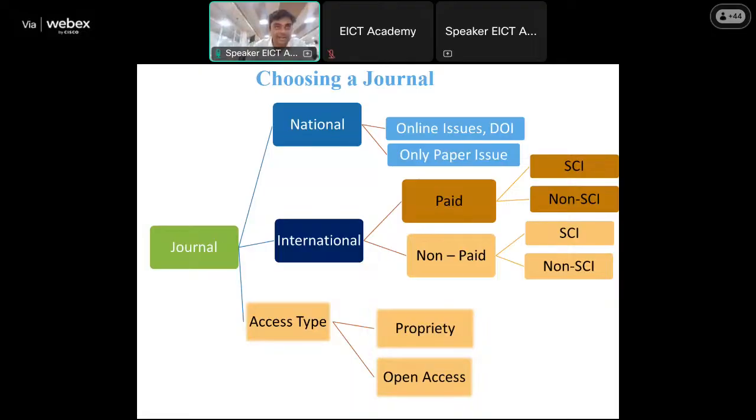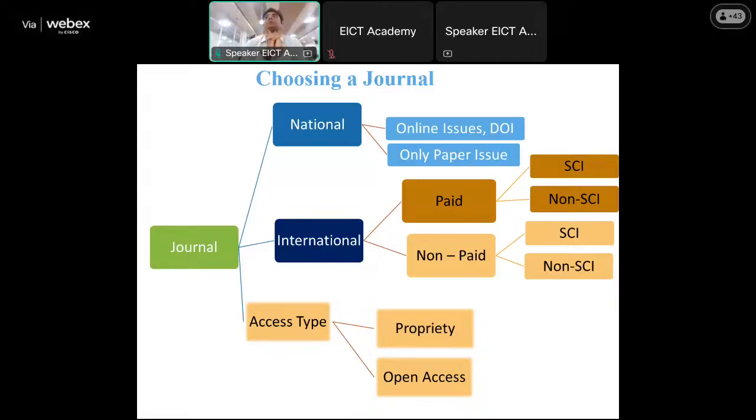There is a Scopus database as well as an ESCI database. But in order to include your journal in those databases, you should clear some indicator benchmarks. If you clear those benchmarks, then this journal will be included in that particular database. So usually SCI and SCIE are considered among the highest quality journals in our engineering or academic institutes. So this is all about the journal.